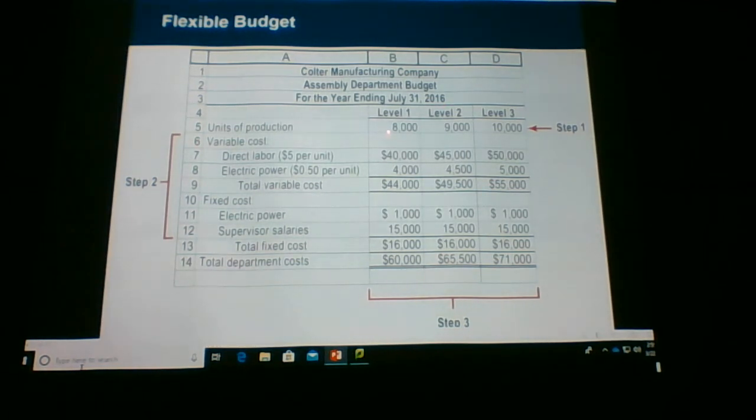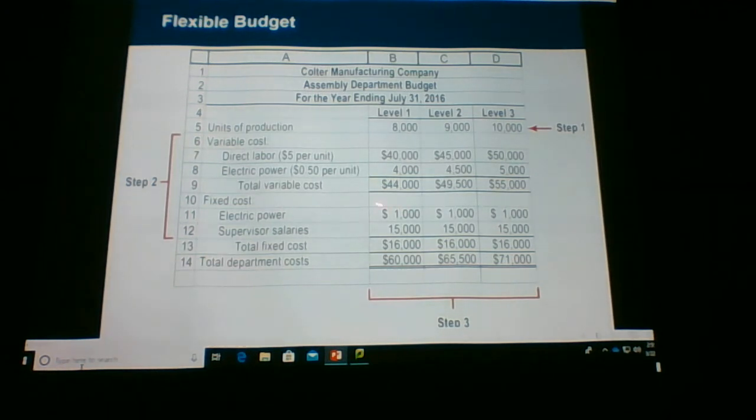We have level 1, which has 8,000 units of production, level 2, 9,000, and level 3, 10,000. We've been able to establish a direct labor cost per unit, as well as the utilities component of factory overhead. So it looks like our variable cost per unit is $5.50. Let's just see here. So if we were to take 8,000 units and multiply that by 5.50, we would in fact come up with $44,000.